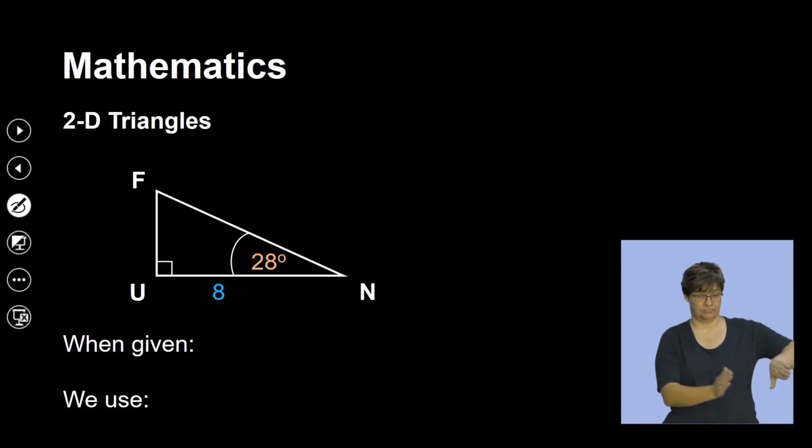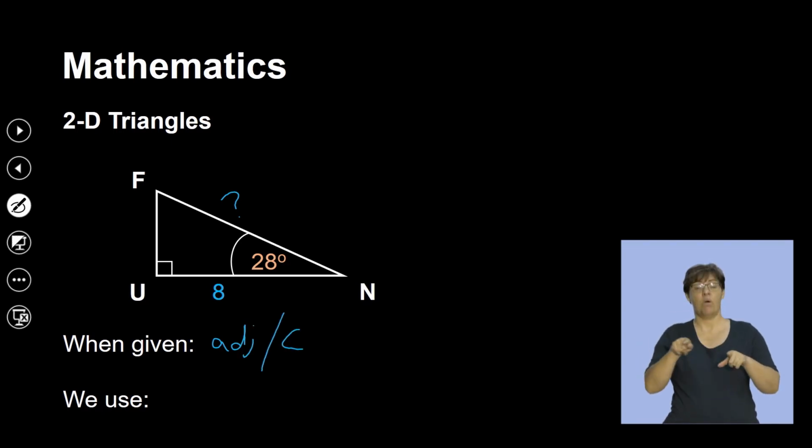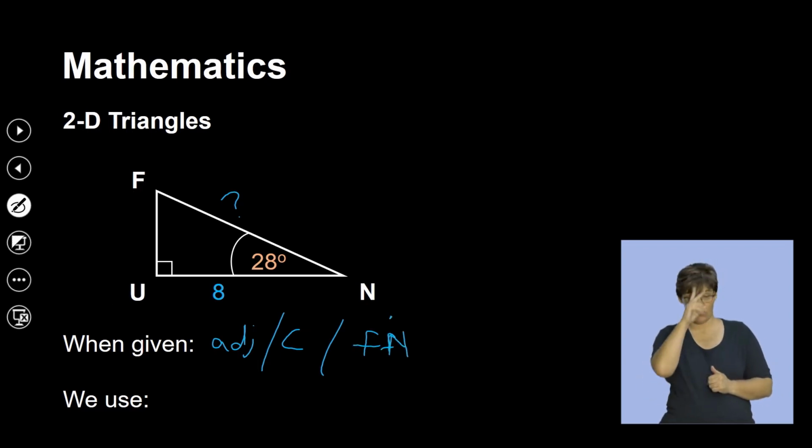Now, if maybe I am now given the UN itself and I'm trying to find what FN is, I will then say I am given the adjacent to the angle, and I'm also given the angle. Now I'm trying to find Fn, right? And Fn, remember that this is our hypotenuse side.